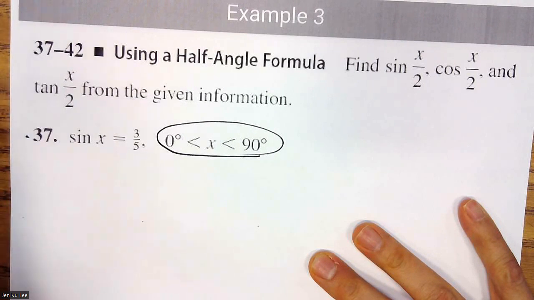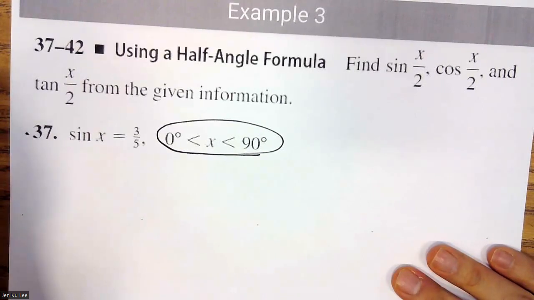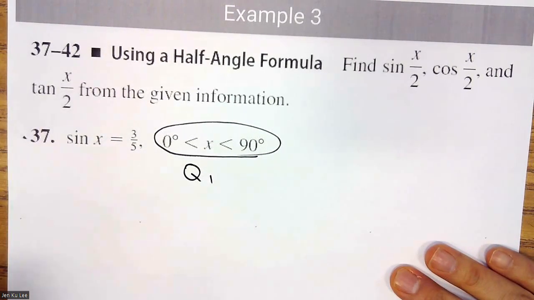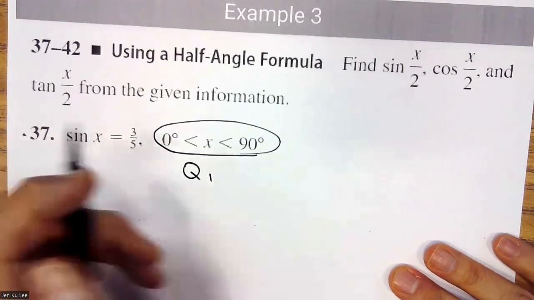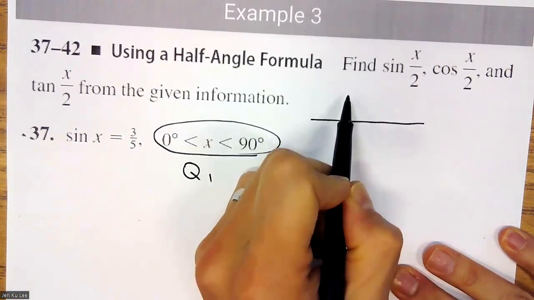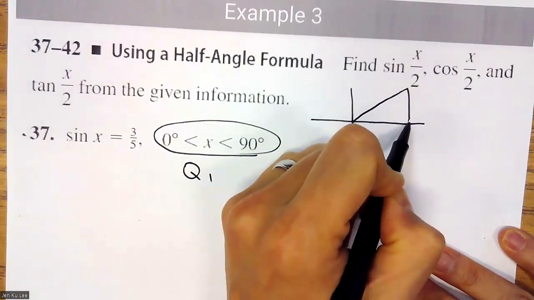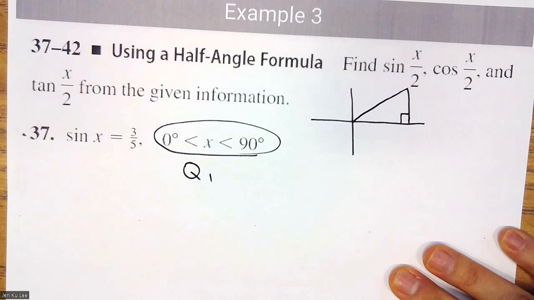If x is between 0 and 90, it's in the first quadrant, right? So they could just tell us it's in quadrant 1. Same thing. Okay? So if it's in quadrant 1, I'm gonna go ahead and draw out a random triangle in quadrant 1.